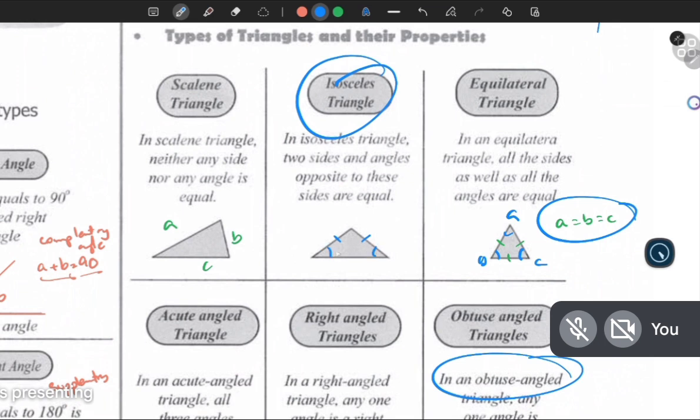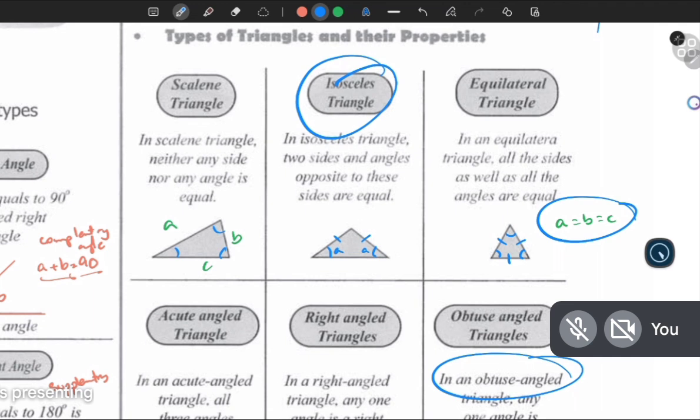And then you'll have this angle, which will be different. Here, all angles will be different. All sides will be different. Then you have an equilateral, which will be denoted by three lines, showing that all three lines are equal and therefore all three angles are equal, right?